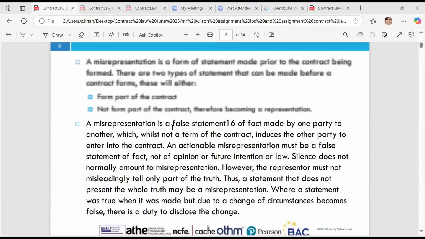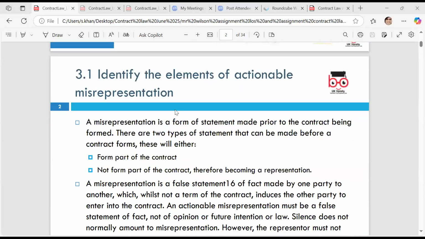So here we look at 3.1, identifying the elements of actionable misrepresentation. We look at misrepresentation, which we mentioned earlier, is a false statement which impairs the validity of a contract.